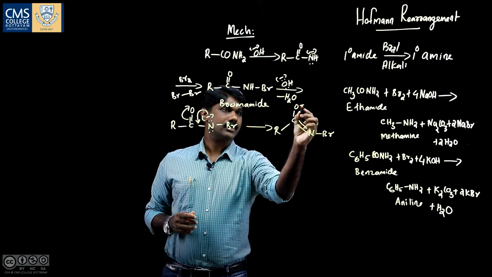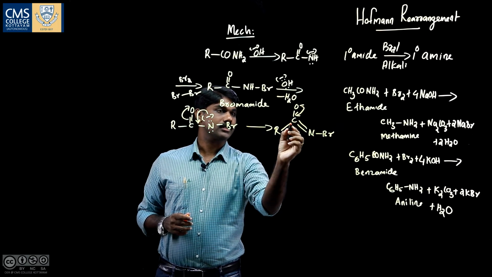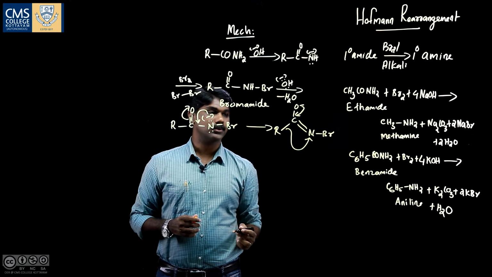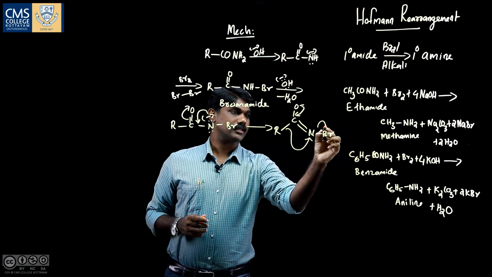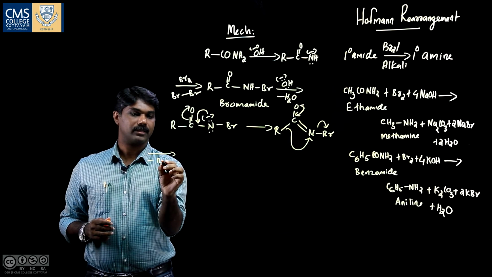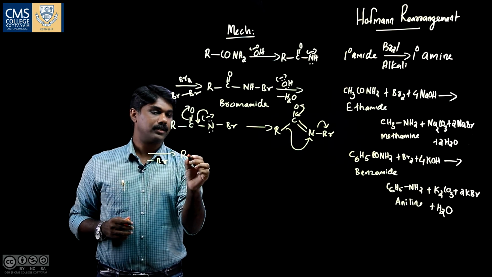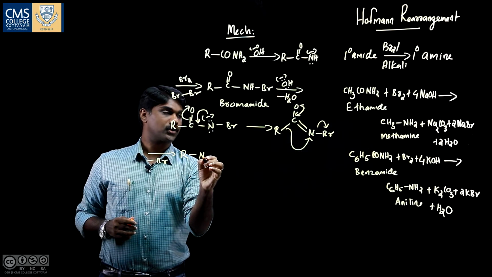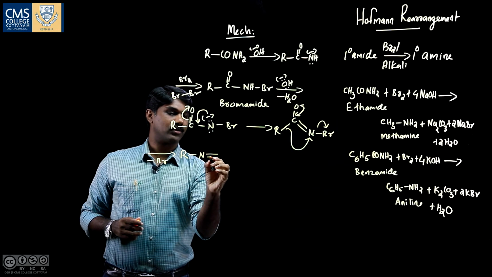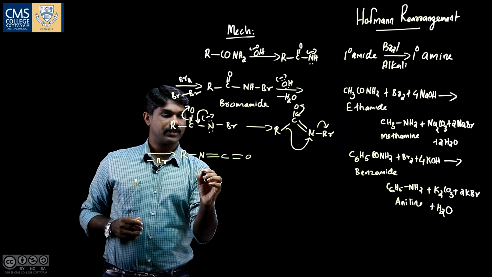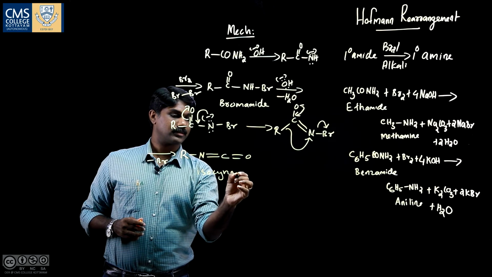And when this negative charge comes back to this bond, this R group migrates to nitrogen, and this Br gets eliminated. So we have minus Br, then R. This R is going to attach to this nitrogen, so N, then we have a double bond here, then C, again double bond, and this is called isocyanate.